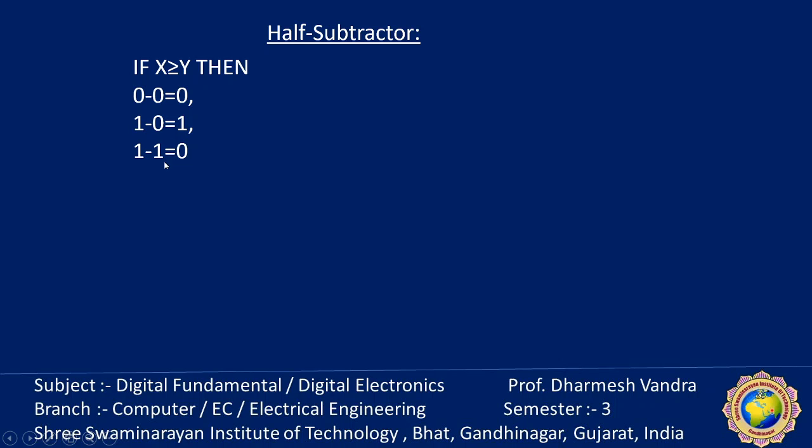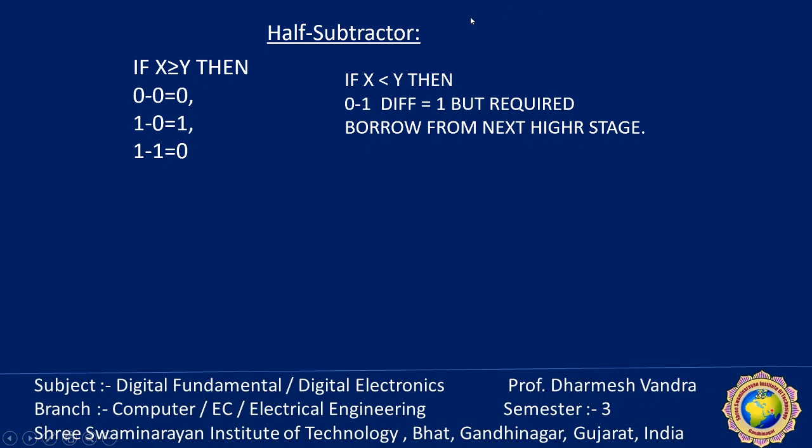But one condition remains, which is x less than y. At that time, x is 0 and y is 1. The difference between these two numbers is 1, but there is a borrow required from the next higher stage, or towards the MSB side.